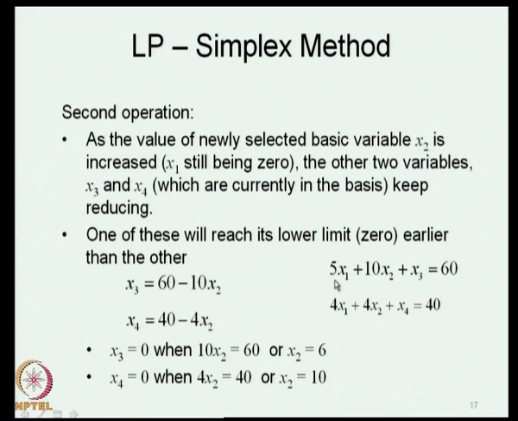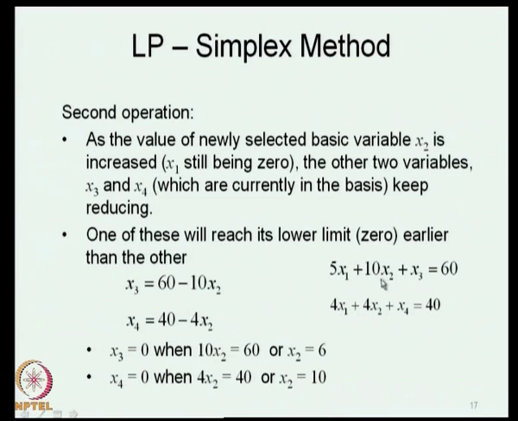You just look at these. The constraints were 5x1 plus 10x2 plus x3 is equal to 60, and 4x1 plus 4x2 plus x4 is equal to 40. x3 and x4 are the basic variables, x1 is still 0 and you want to increase x2 now. You have already made a decision that x2 is coming into the basis.